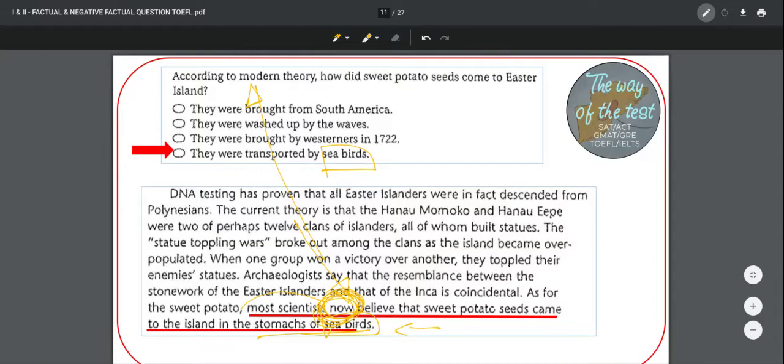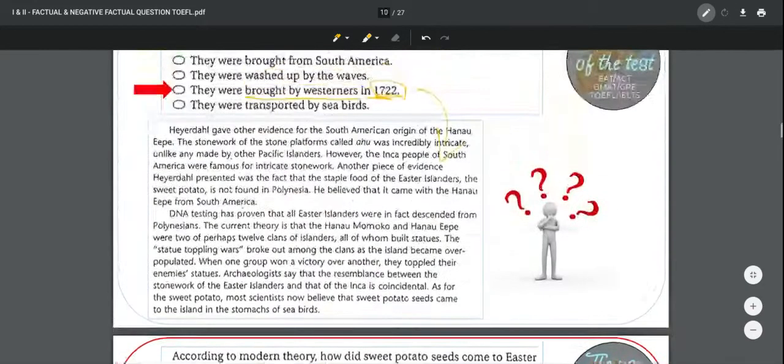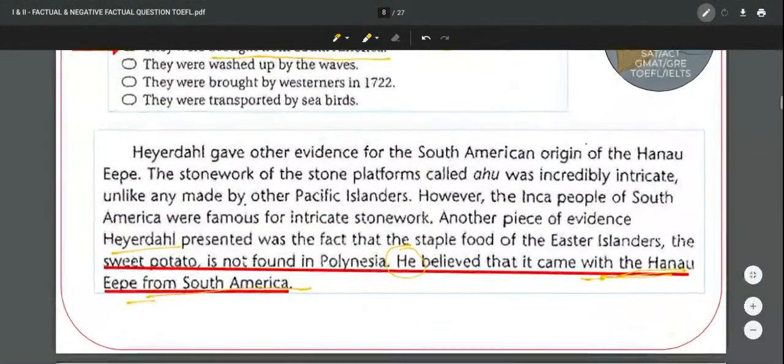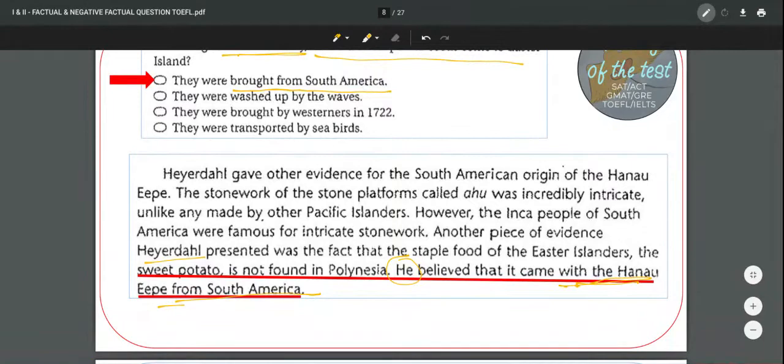Again, we're not looking for literally the word modern and the word theory in the text. We're looking for most scientists now believe, and then we're matching that to modern theory.